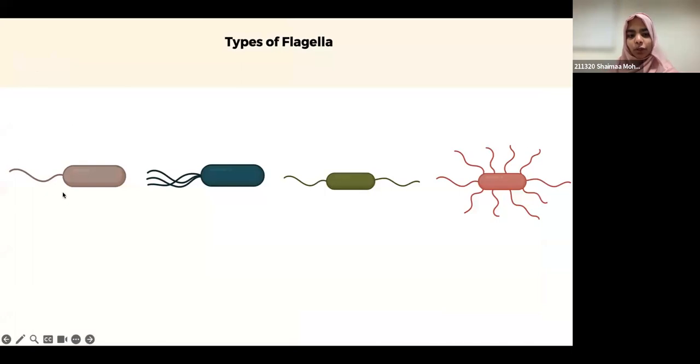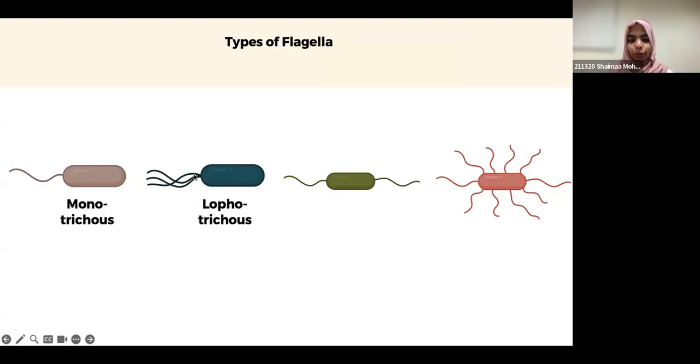Okay. So what would we call this bacteria, this arrangement of flagella? Monotrichous, okay? The second one, Lophotrichous, perfect.